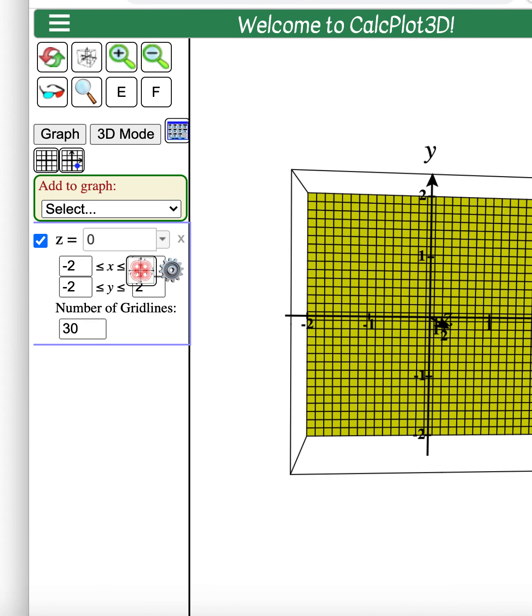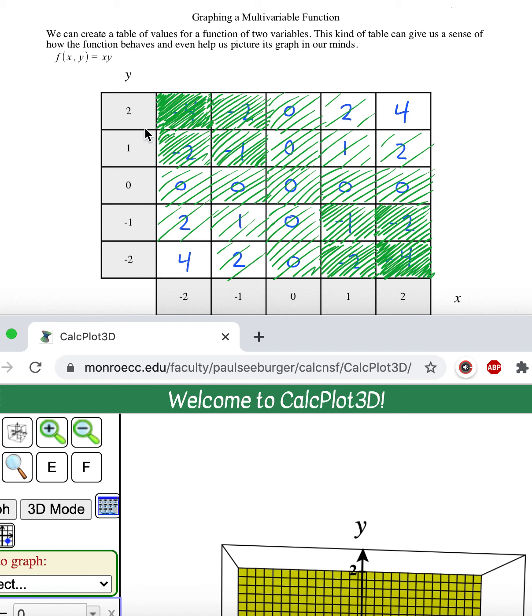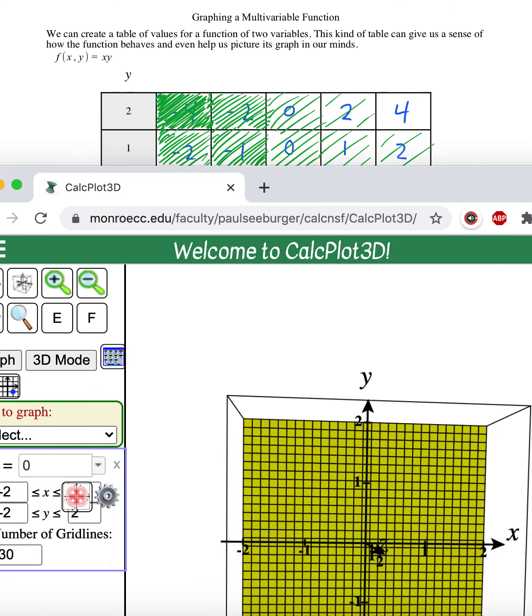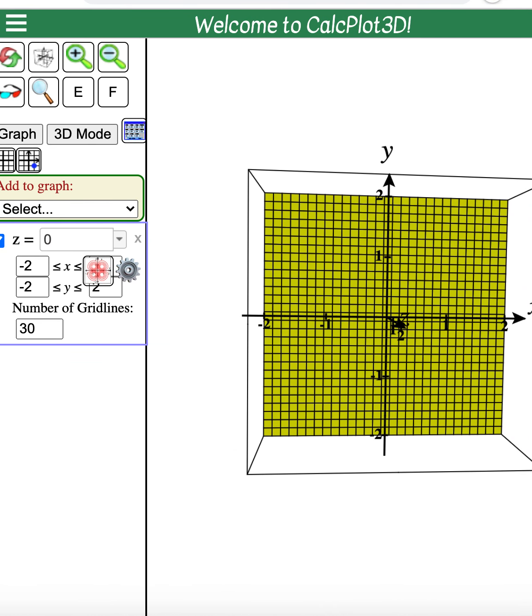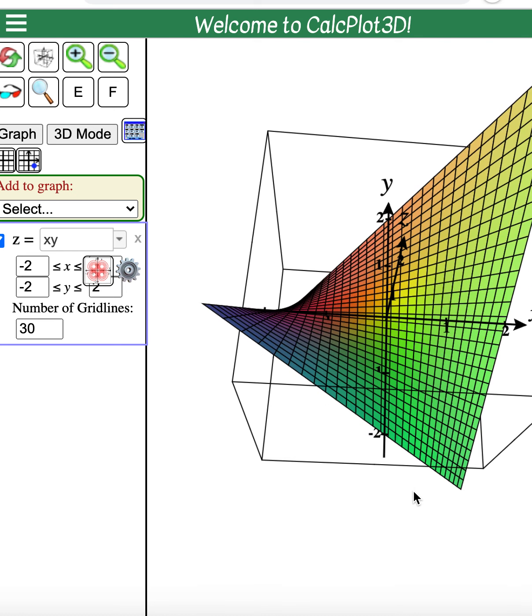So if we had z equals 0, that'd be an easy one. That would just be all zeros in here. But this function is a little more complicated. It's a function of x times y. So let's go ahead and enter our x times y as the function here. And let's see what it makes.